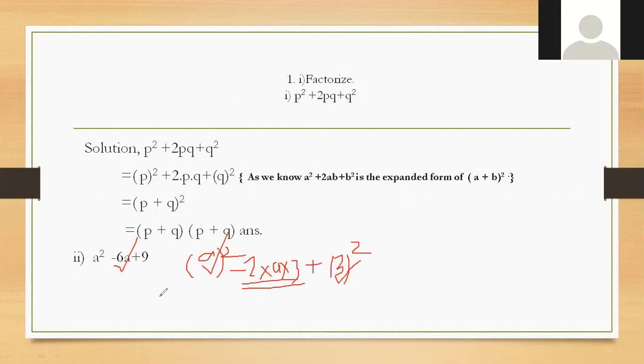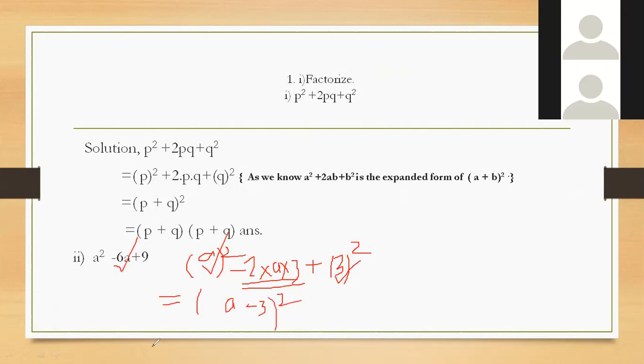Then this is which formula do you know? A minus 3 what? Whole square. Good. (A minus 3) whole square means how many (A minus 3) are there? There is one factor A minus 3, and the other factor is also A minus 3. These are the two factors of this question.